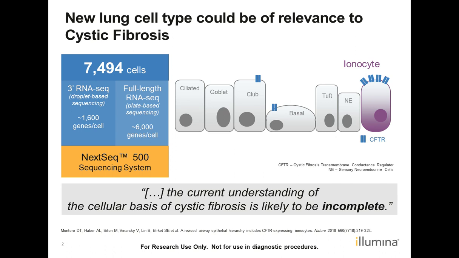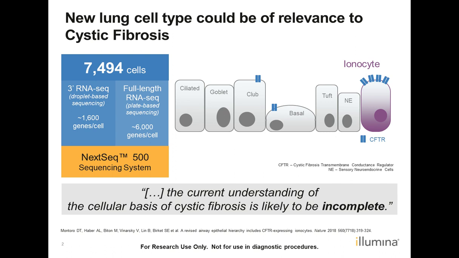When they analyzed the data, they saw that the windpipe's lining consists of 7 different cell types and not of 6 different cell types, as was previously believed. The interesting finding here is that this new cell type, the ionocyte, depicted here in purple, expresses a high level of the cystic fibrosis transmembrane conductance regulator, or CFTR, which is basically the protein responsible for cystic fibrosis.